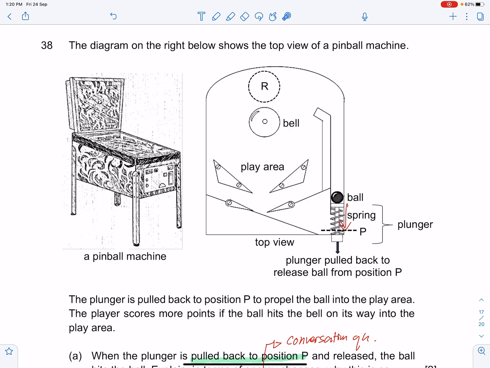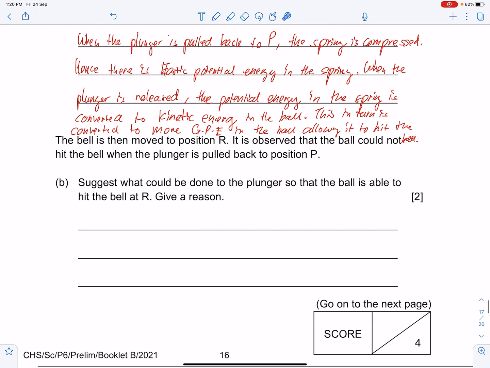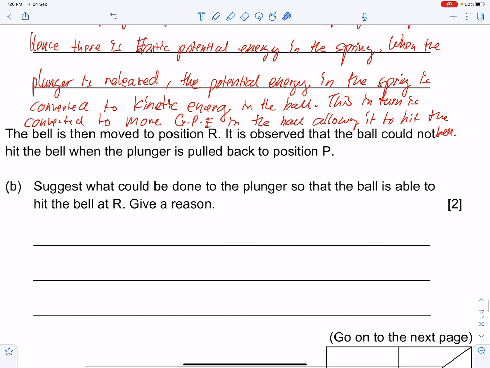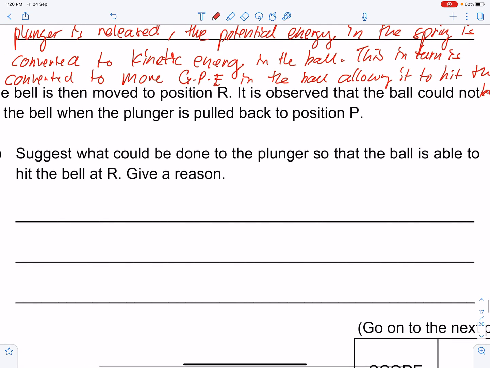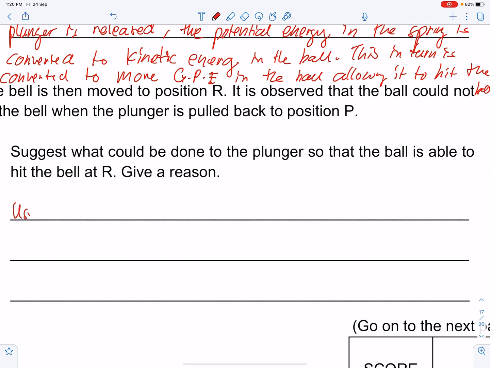Do not say that. Elasticity has got nothing to do with stiffness. We're looking at stiffness. So what can you do to increase the elastic potential? Two methods. Either you use a longer spring or you use a stiffer spring. Only these two answers are accepted to increase elastic potential energy.